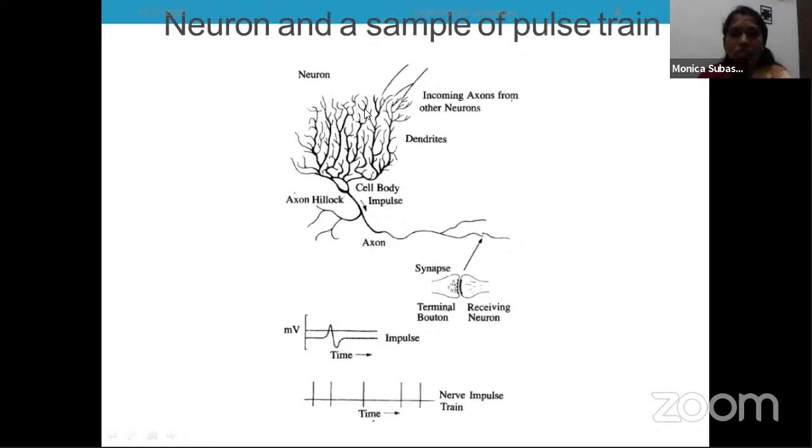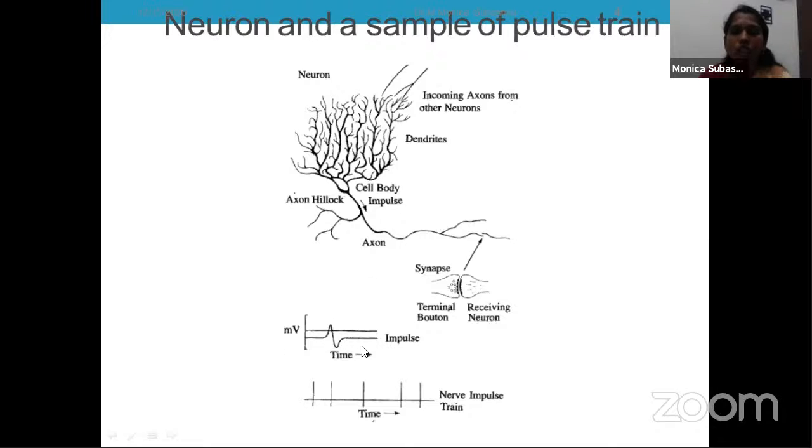The dendrites, or the branches, receive the information from the neighboring neuron, and the information is processed in the cell body, and the processed information is transferred through the axon. And we have a junction known as the synaptic junction.